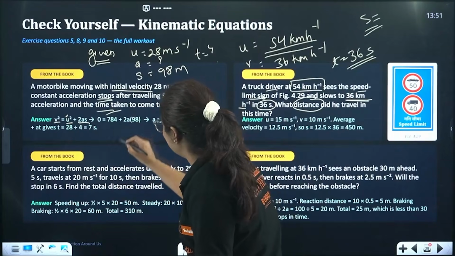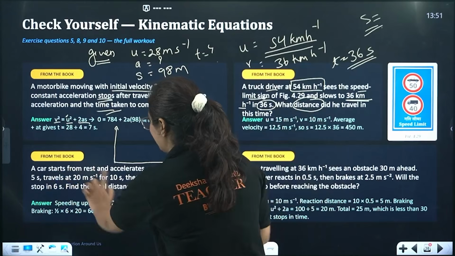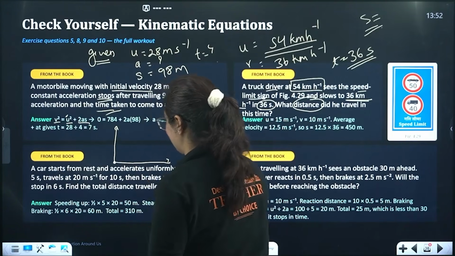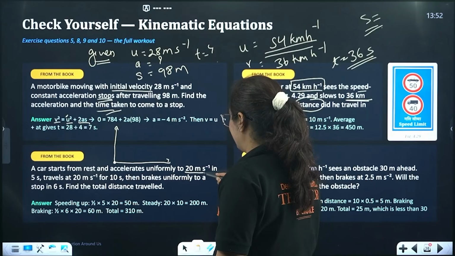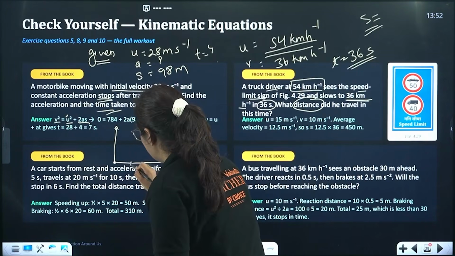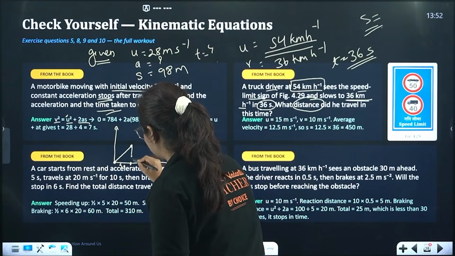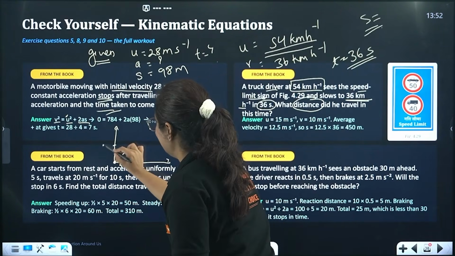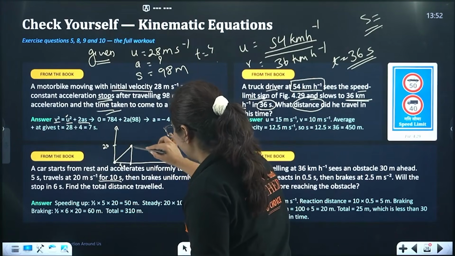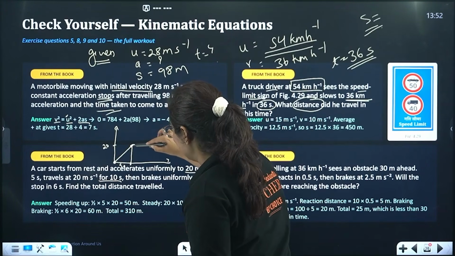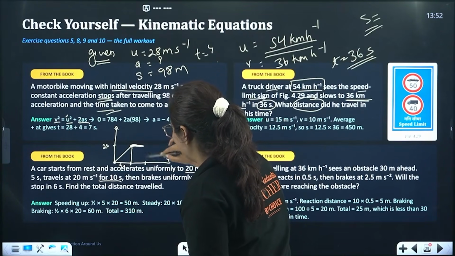So see, let's understand with the help of a graph. A car starts from rest. The car was at rest and accelerates uniformly to 20 meter per second in 5 seconds. So in 5 seconds, it reached, beta, how much? 20 meter per second. Right? For 10 seconds, up till 10 seconds, the car was moving at the same speed, that is 20 meter per second.